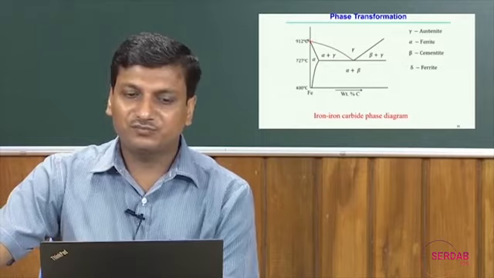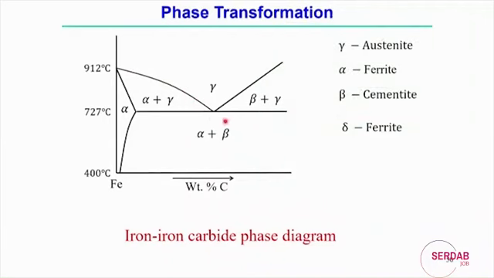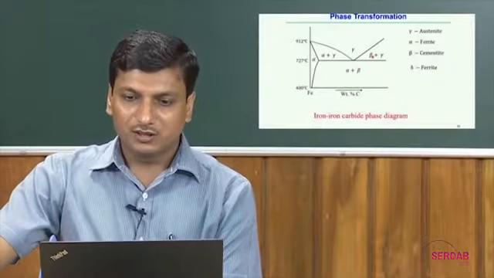For example, the phase boundary is represented here also. Gamma is represented by the austenitic phase. So, iron along with different percentages of carbon constitutes the austenitic phase at different ranges of temperature.